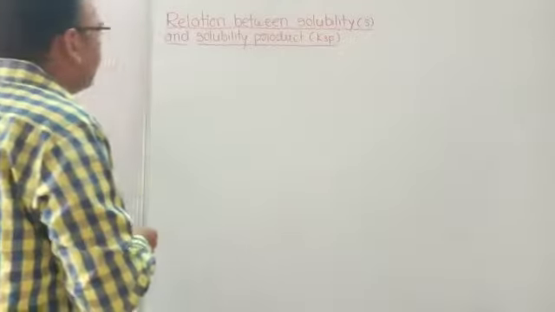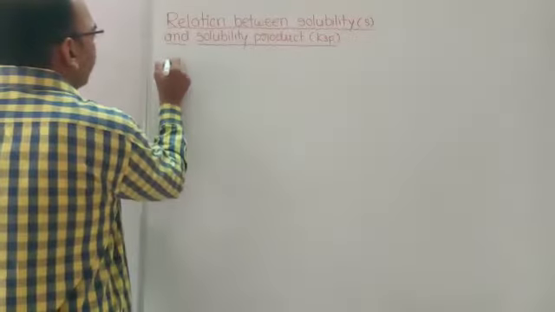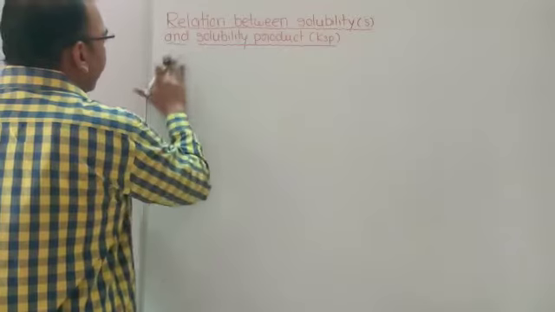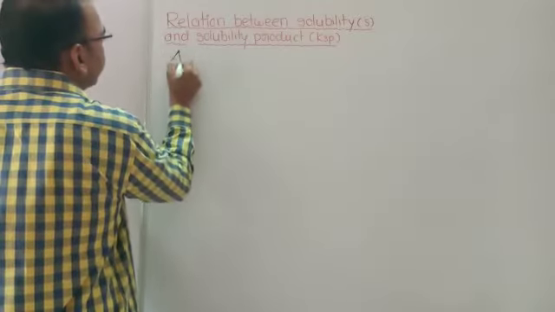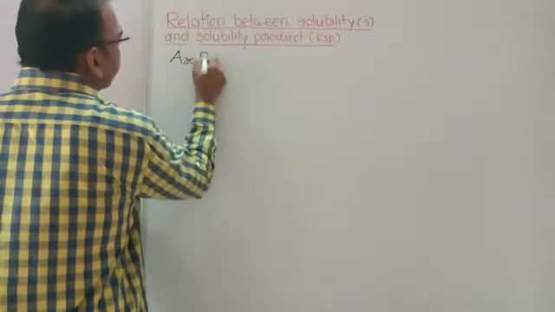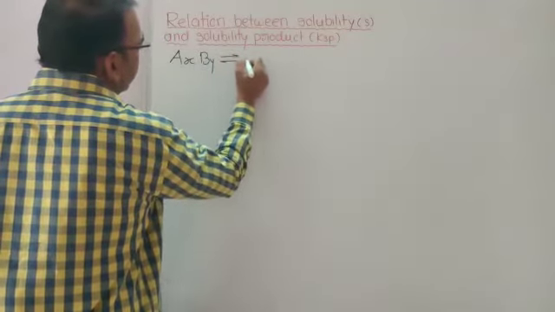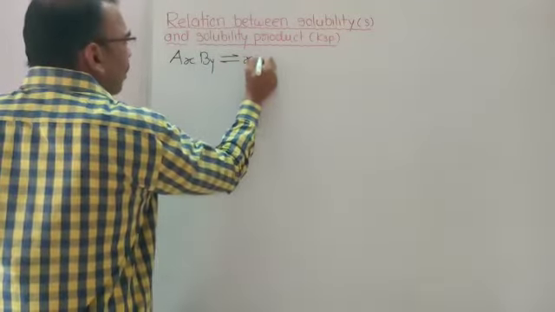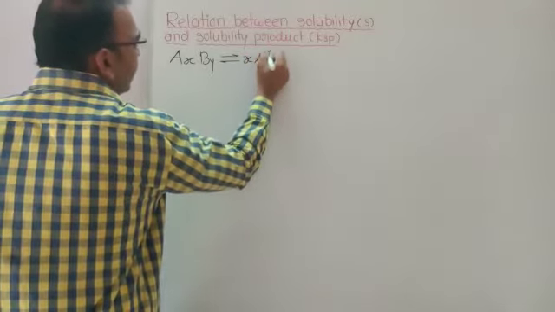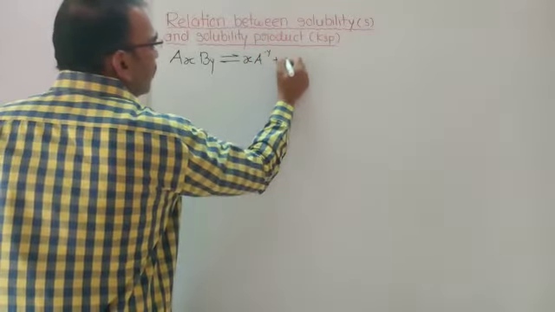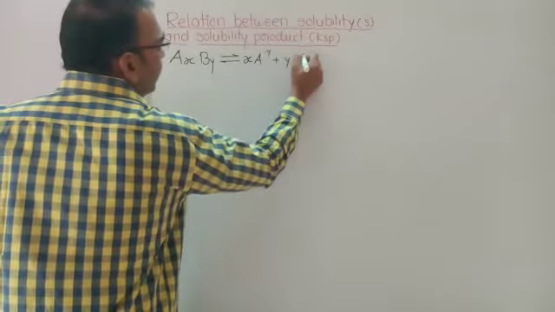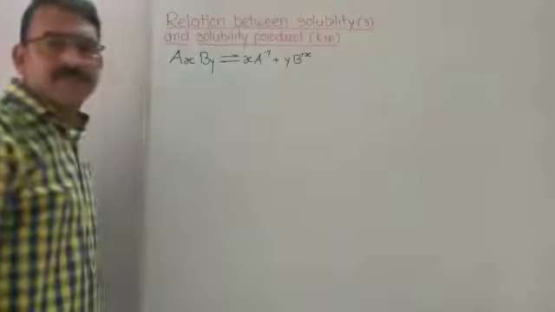Let us consider the reaction of the type AxBy. It is a salt. Under saturated state, it dissociates to give x number of A^y- ions plus y number of B^x+ ions.